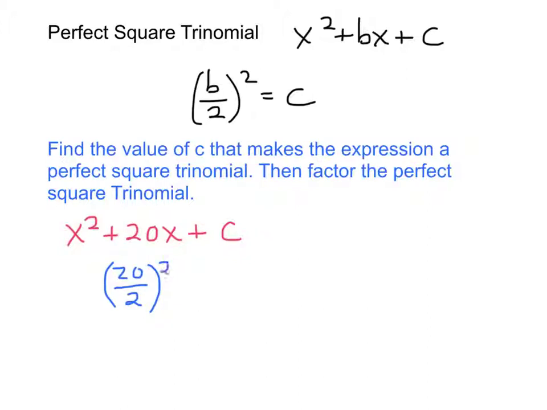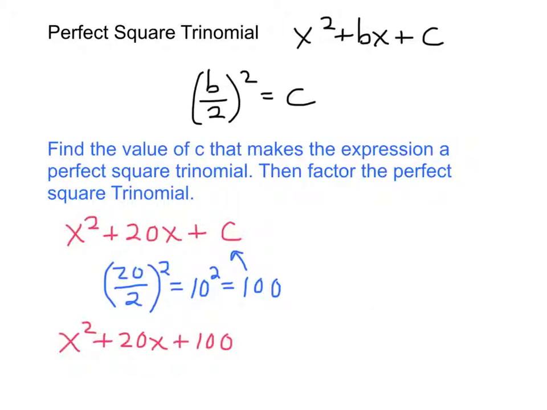And then square that answer. So that would be 10 squared, which is 100. And that tells us what that number c needs to be. So our answer would be x squared plus 20x plus 100.